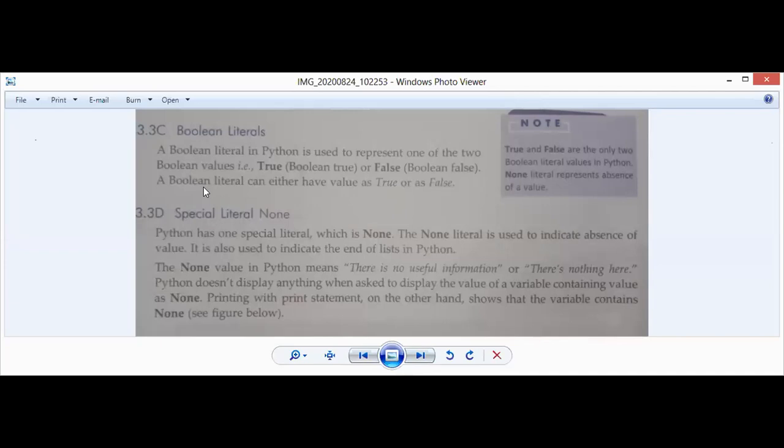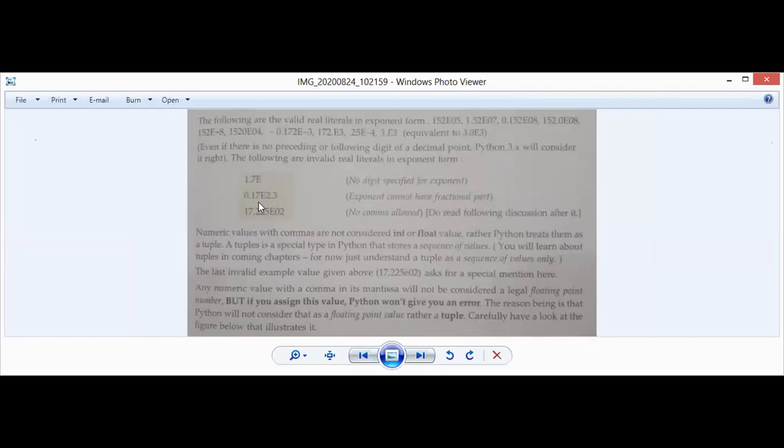Sir, you said that if the exponent is of one digit we can use E. And if it is of 2 digit or 3 digit, then what? Actually, whatever the exponent is, 2 digit or 3 digit, that doesn't matter. Like if you have written E03 or E05, or you can write 123, that comes as power of 10.